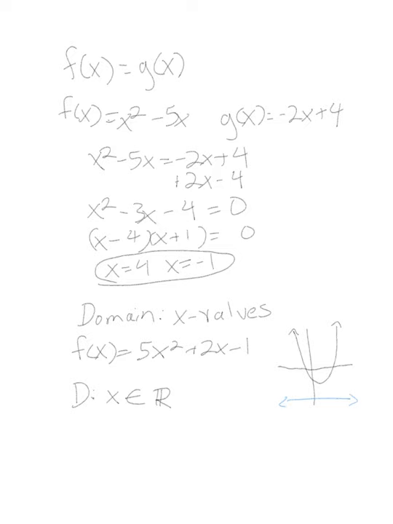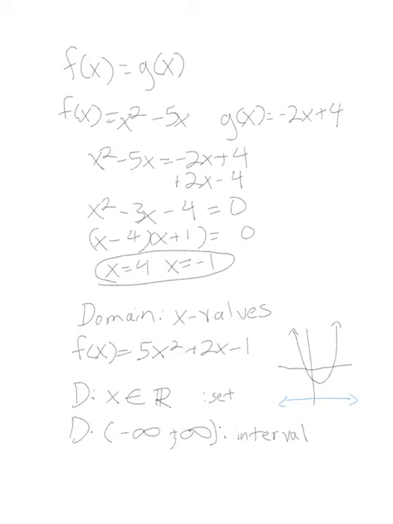Another way to write domain, saying all real numbers, domain can go from -infinity to +infinity. So this is our set, and this is our interval, but both answers are pretty much saying the same thing. From -infinity to +infinity, x can have a value.